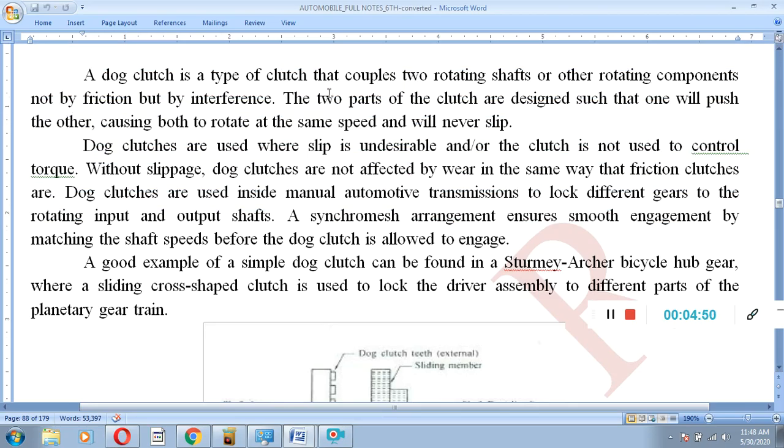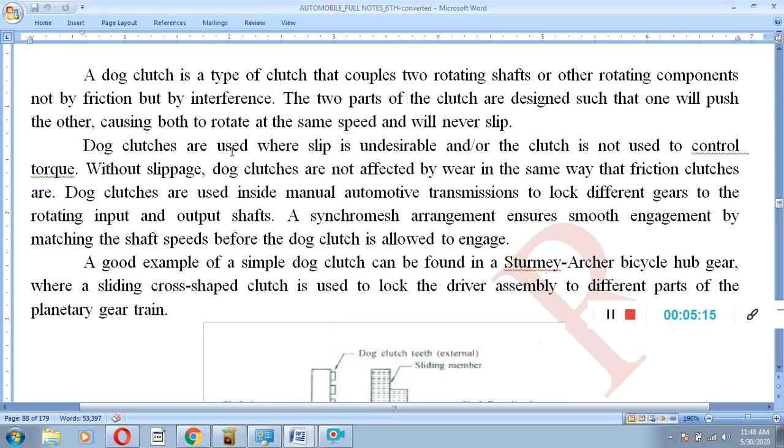A dog clutch is a type of clutch that couples two rotating shafts or rotating components not by friction but by interference. The two parts of the clutch are designed such that one will push the other, causing both to rotate at the same speed and never slip.